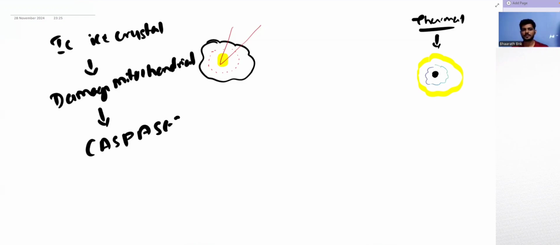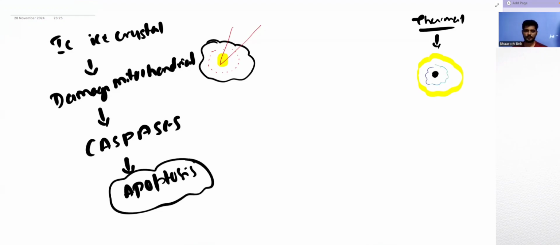Now these caspases will trigger apoptosis, and the cell is lost. The cell dies by apoptosis. So this is what happens. Either the cell directly dies because of swelling and bursting of the cell, or if there is no plasma membrane damage, there can still be mitochondrial damage which releases caspases, and that causes the destruction of the cell by apoptosis. Right? So these are all the direct injuries that happen to a cell.